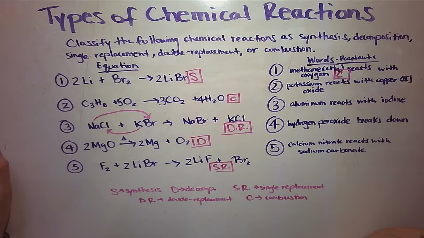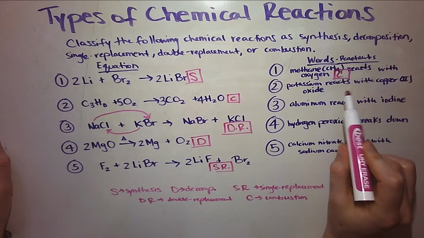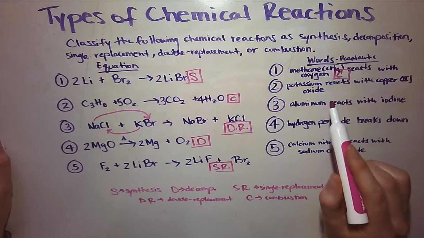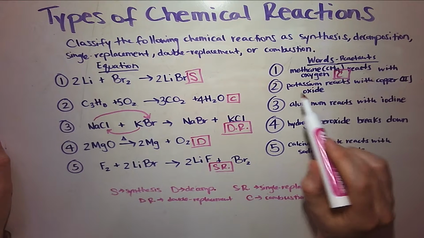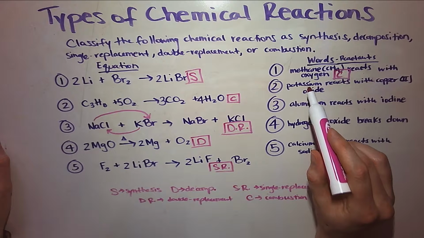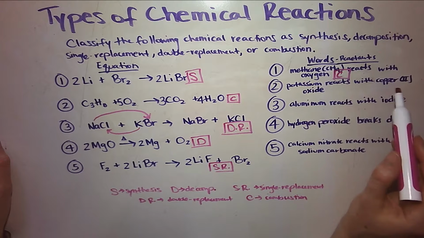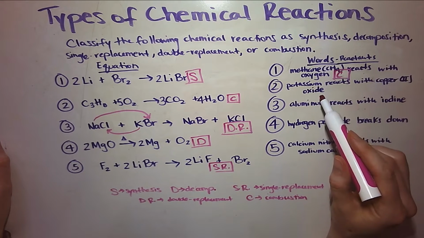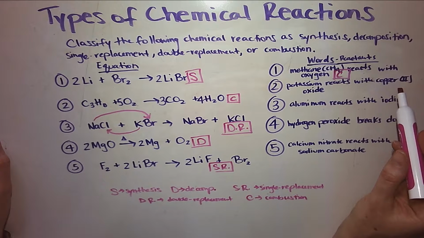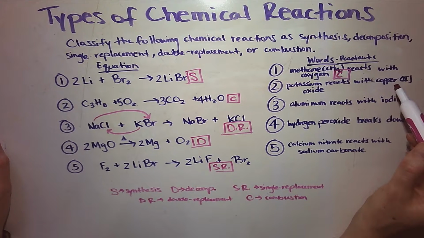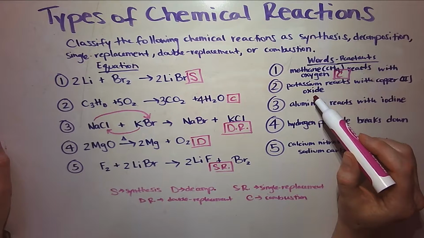All right, number 2. Potassium reacts with copper oxide. So potassium I know to be an element, and it is reacting with copper oxide. This is a compound that is made up of copper and oxygen.